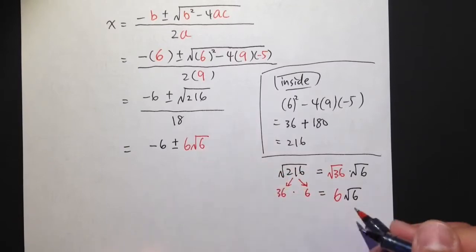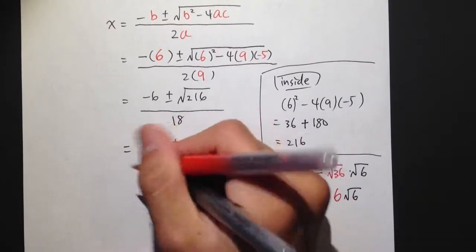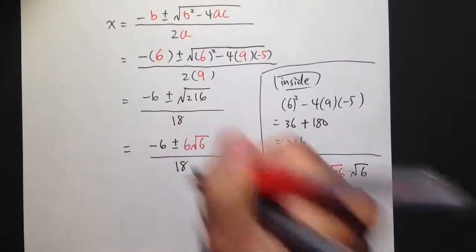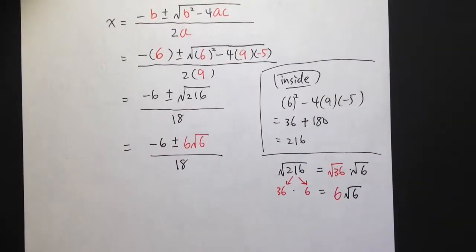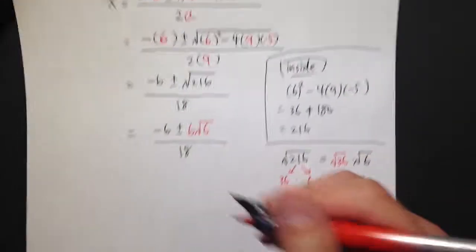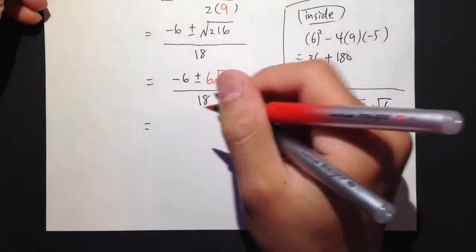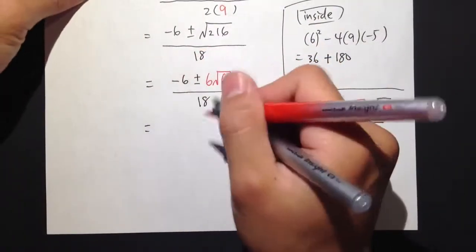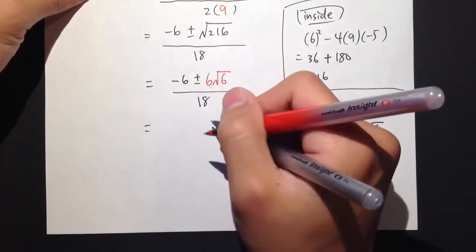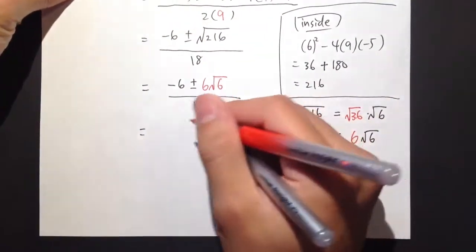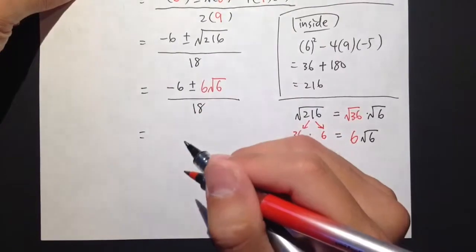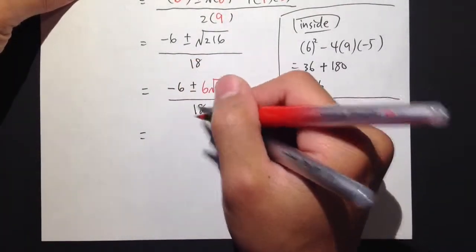And then we did it right here, over 18. And now, to simplify this, the way I like to do this simplification is to just split into 2 fractions. We can do that when we have just one number in the denominator. Okay? You maintain the denominator to be the same.